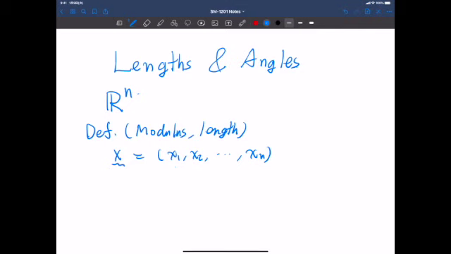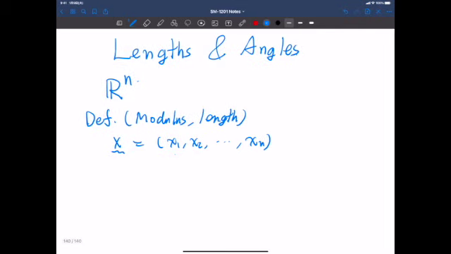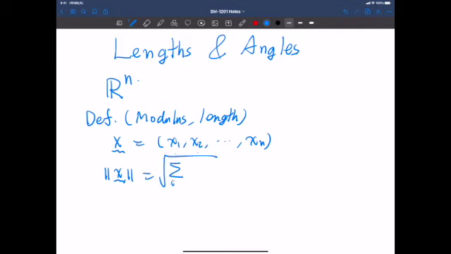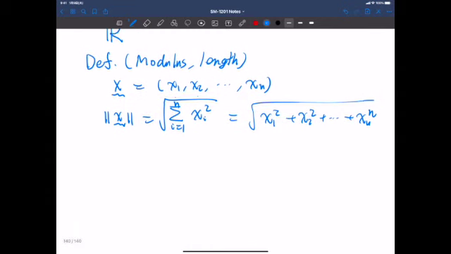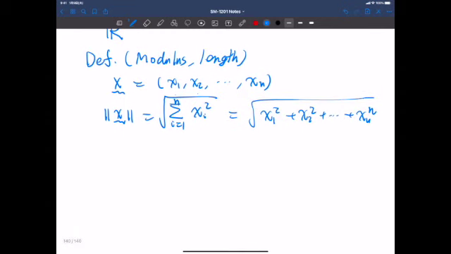So there are n real numbers in this row, and the modulus of this vector is written as this and defined by this: the square root of the sum over i from 1 to n of x_i squared. To be more explicit, it's defined by this. Okay, so this is just a definition.